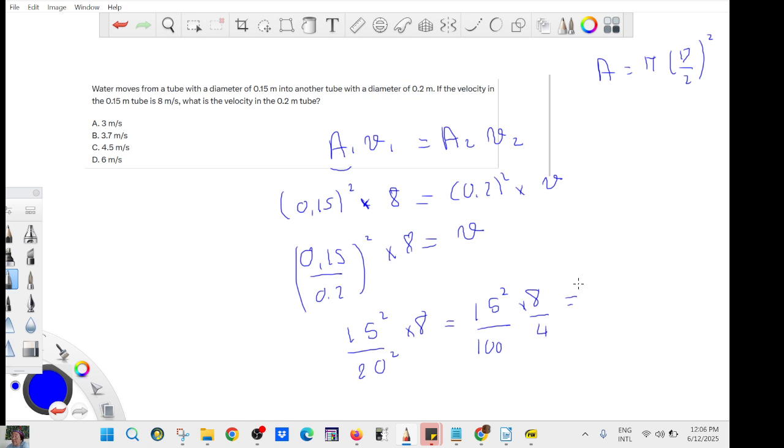Okay, and I divided by 4, so it's going to be 15 squared times 2 over 100, so times 2. Right, I'm doing it in my head, and you get about 4.5. Right. So the answer is C.